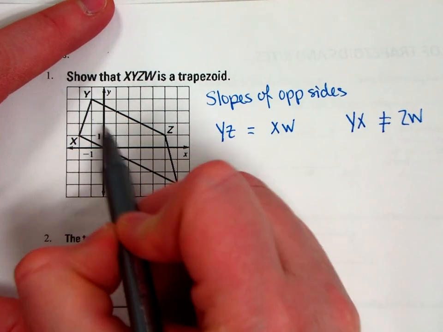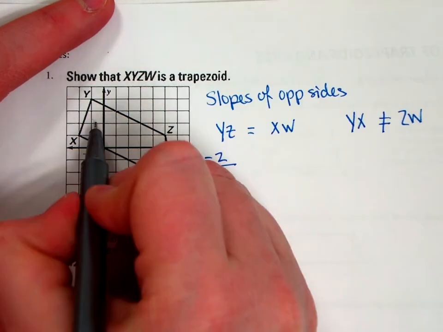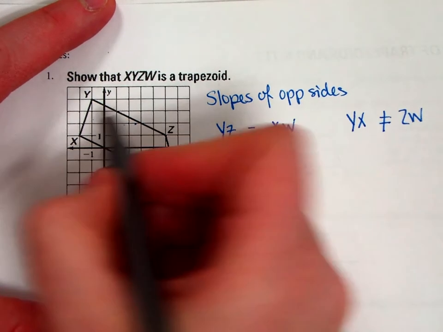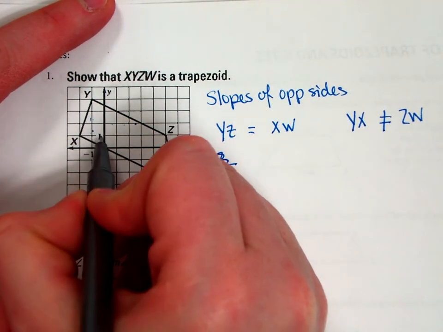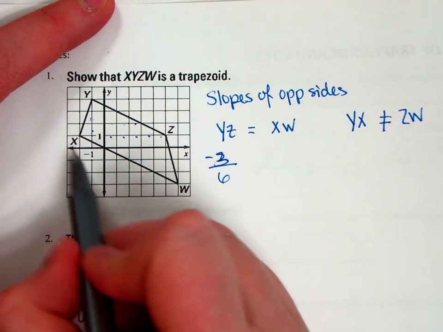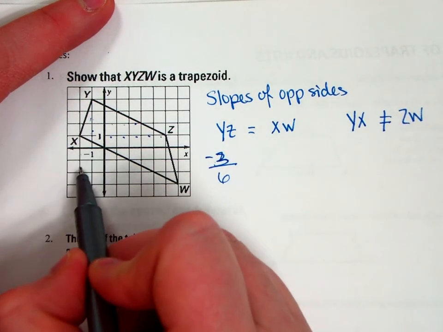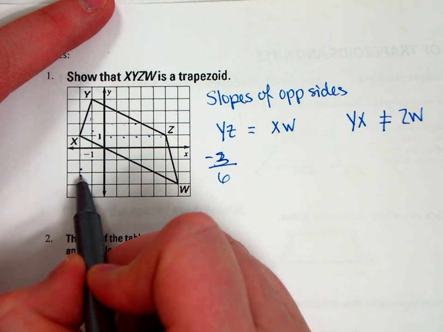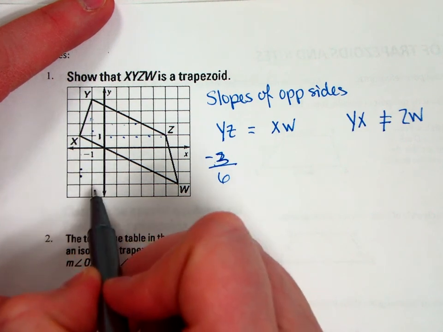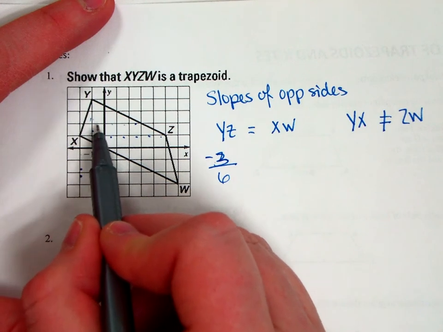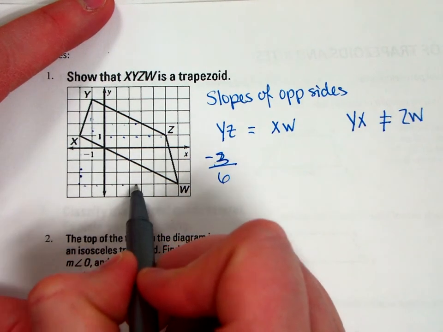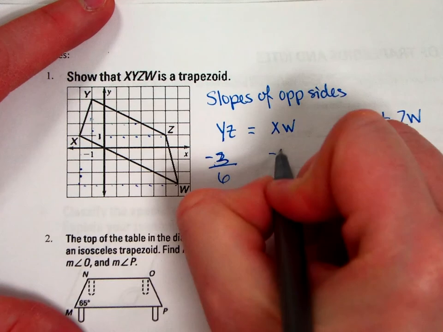So for YZ, we went down 3, over 6. For XW, down 4, over 8.